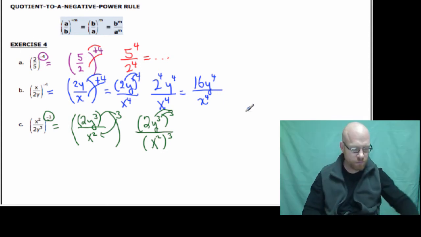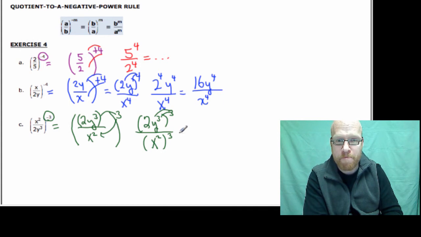And x squared becomes x to the 6th because of the power rule. You multiply your exponents.